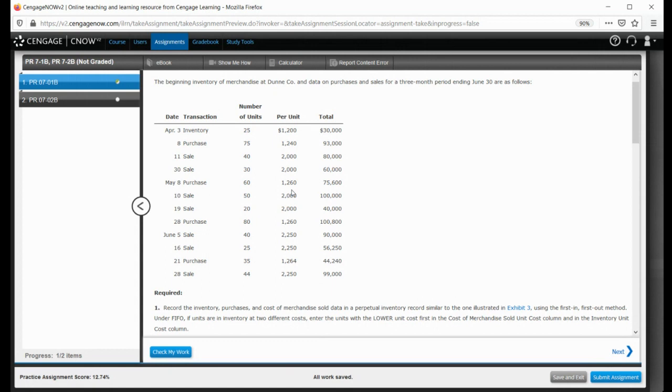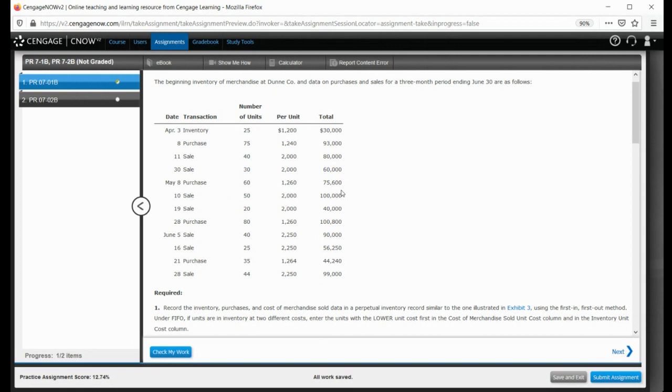So that's why we have to show the inventory cost flow method that we're using. Remember, we're using the FIFO method in this problem, which means the first units that we buy are going to be the first units that we are going to sell. In this case, we're not selling anything at all.